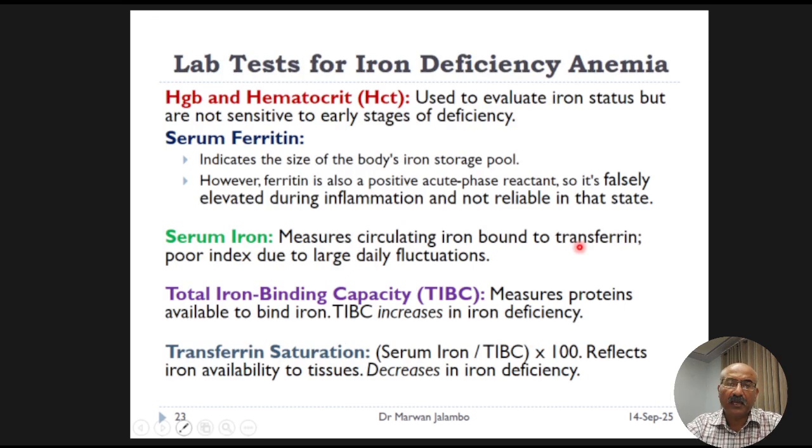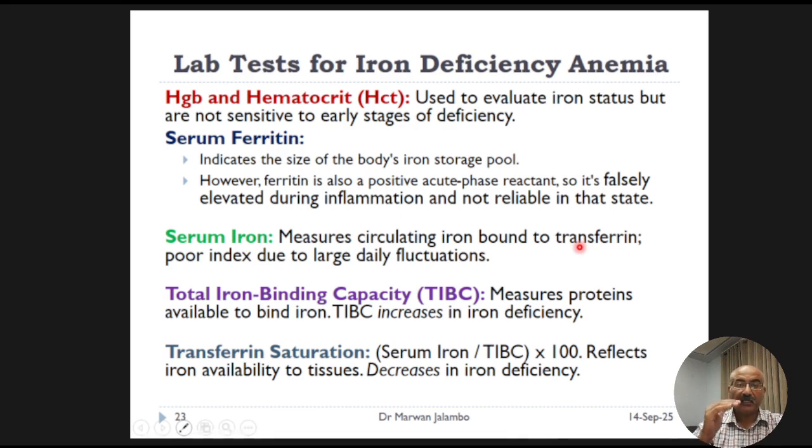When we suspect iron deficiency, we look at the panel of iron-related tests. Hemoglobin and hematocrit are part of the CBC, but they are late indicators. They only drop after iron stores are significantly depleted.